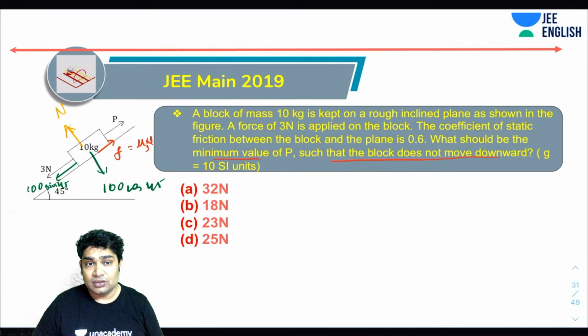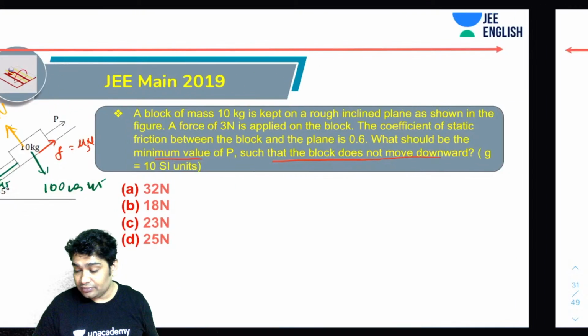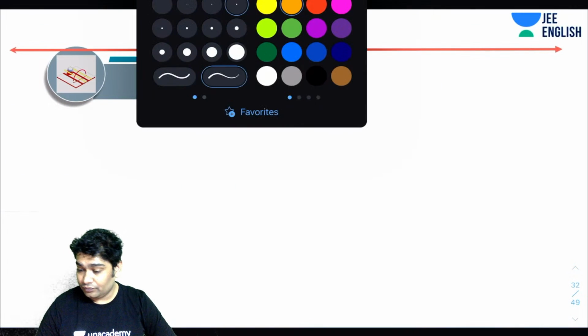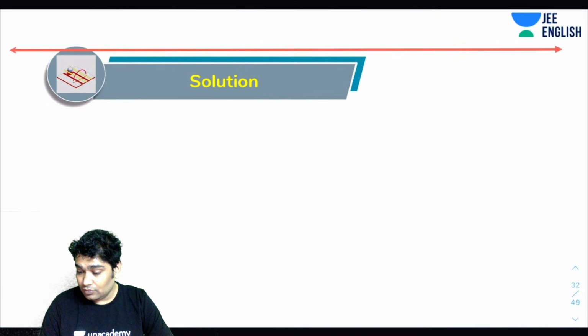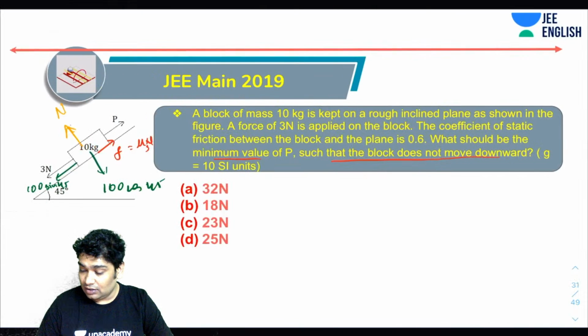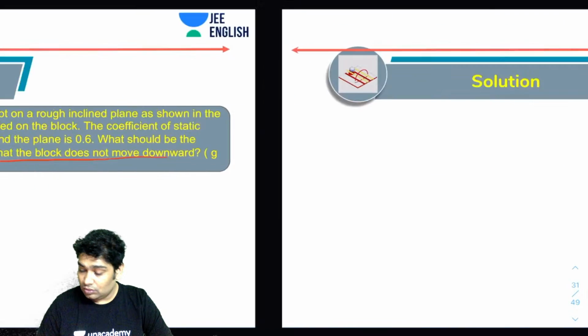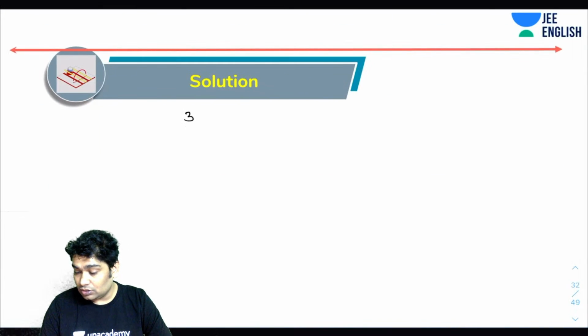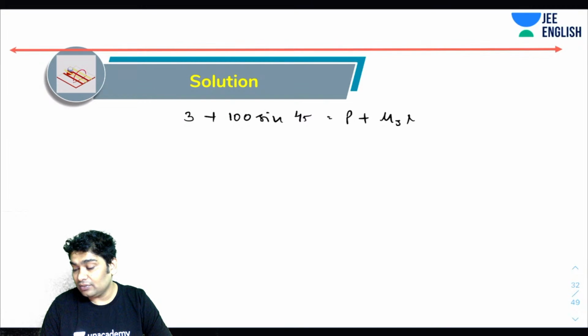This is very easy to find. So I can say that P plus 100 sin 45 should be equal to P plus mu s times N. That's it. That is how you would have solved this.